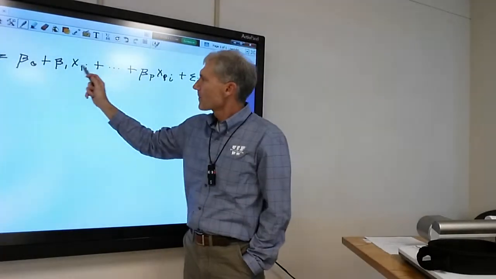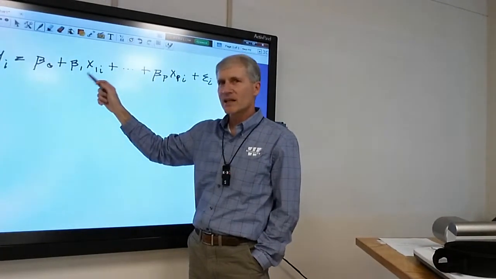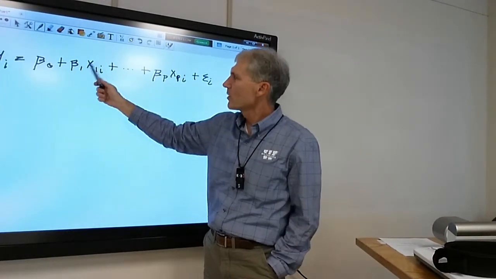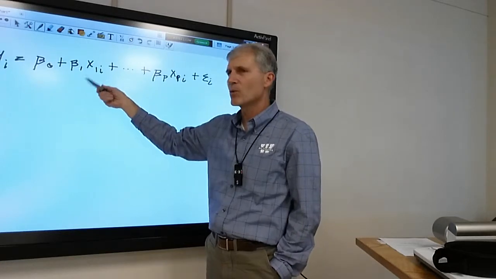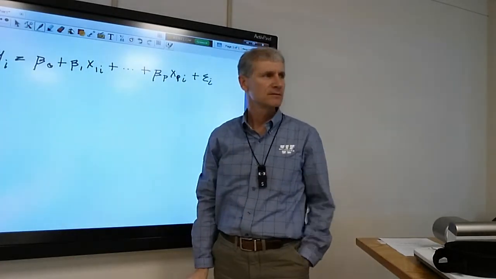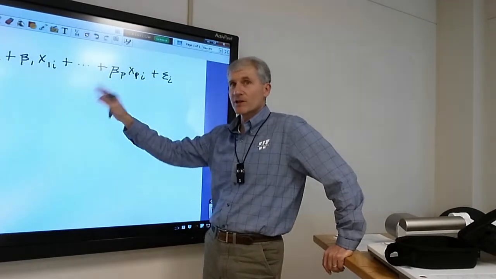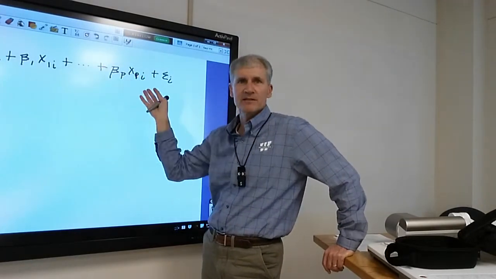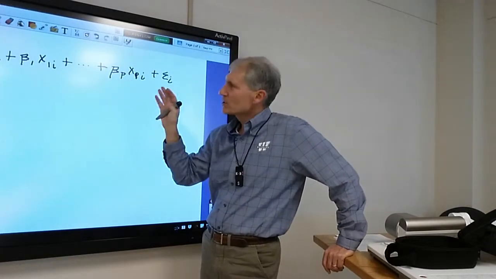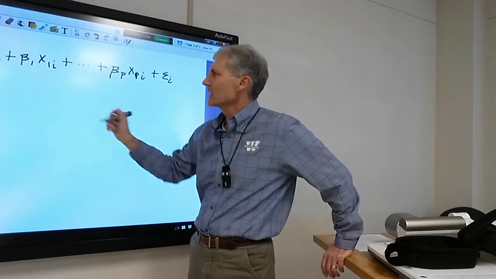Okay, now, I think I didn't get this said last time. What would the interpretation of beta 1 be? After you fit the model, you get your little b's as estimates of the betas, right? What's the interpretation? What does that number mean?